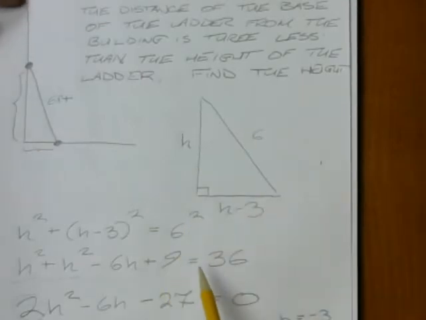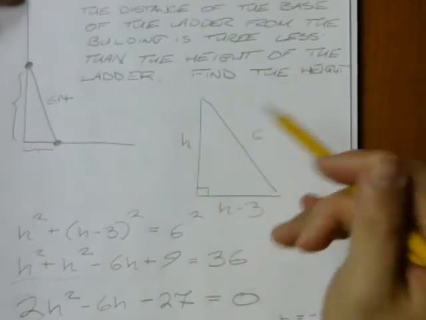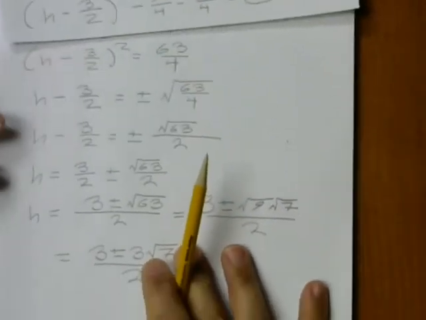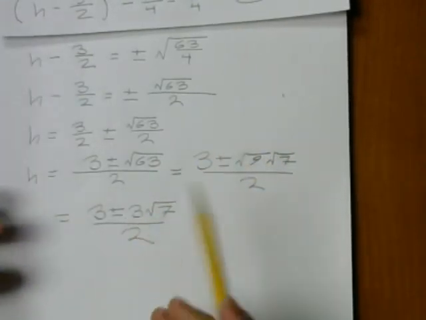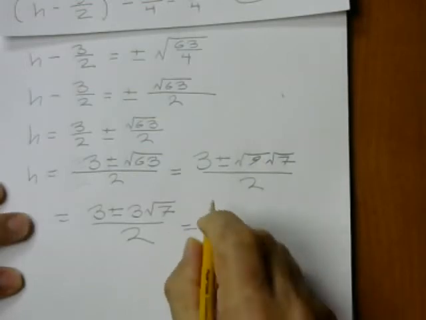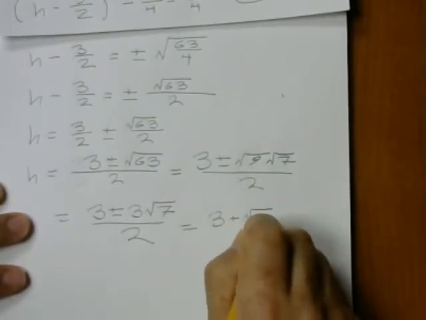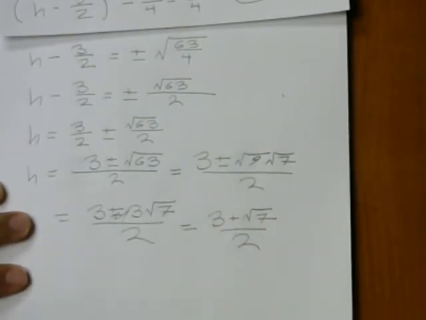I could have put the ladder so it faces down. I could have covered it up with soil so the ladder's underground. But that's clearly not what's going on here. So I'm going to say, hey, the negative solution makes absolutely no sense. I'm going to get rid of it since this is an actual problem. So I get 3 plus 3 root 7 over 2 for my only solution, because I'm tossing that one out.